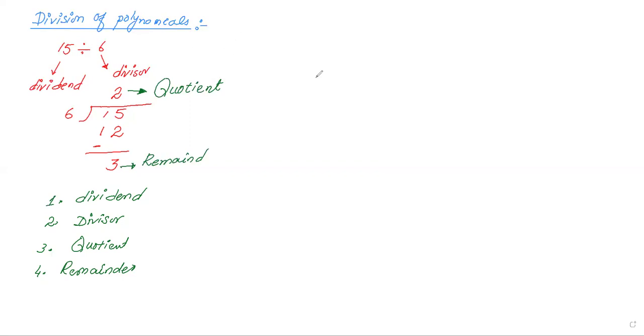My first concept is that there are 2 methods of division. The first method is called the long division method. In this method you have to follow different steps, so first of all I write the steps.